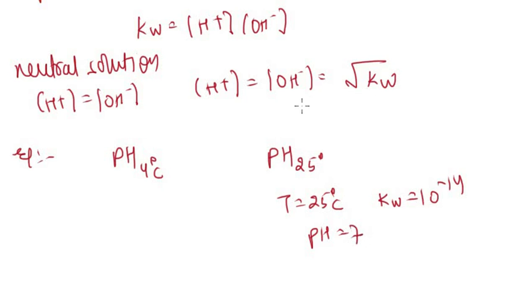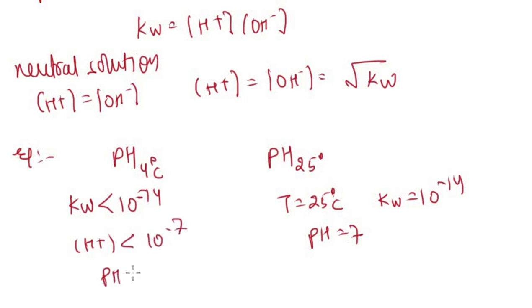Whenever we decrease the temperature, Kw will be less than 10 to the power minus 14. Then the concentration of H plus will be less than 10 to the power minus 7. Then pH will be greater than 7, because we are taking the negative of the log, and the negative reverses the sign of the inequality.